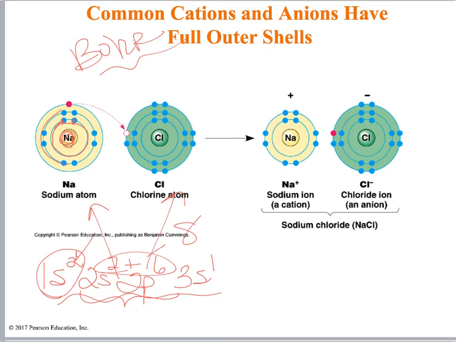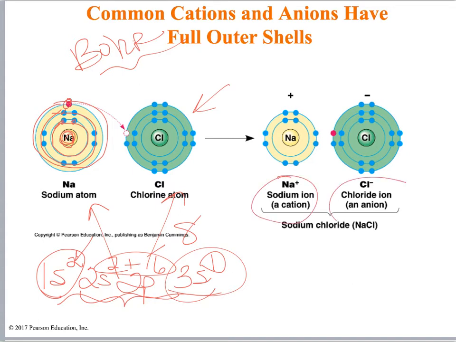So you would draw your second energy ring and place in it 8 electrons. And finally, in the third ring around the sodium nucleus, there is only 1 electron. You would do the same thing for chlorine. And then you would have to remember metals become cations, nonmetals become anions, which means sodium will donate its valence electron to chlorine.